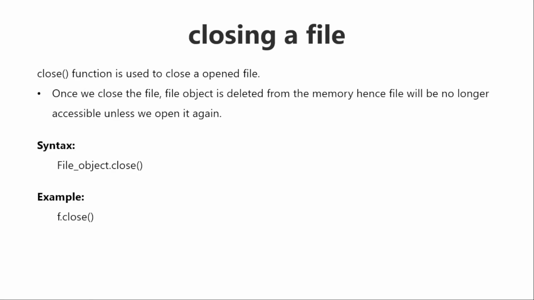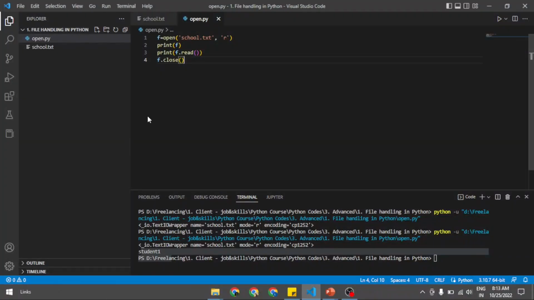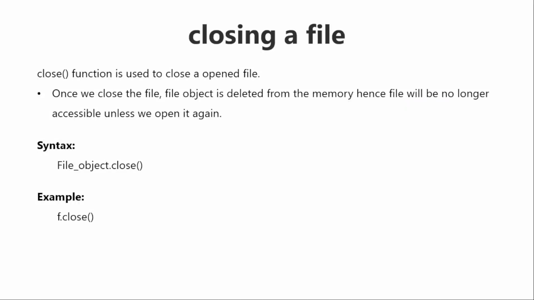Now let us move to closing a file. I think we have discussed it here itself. I will put it in the slide and show you an example in the existing code itself. The close function is used to close an opened file. Once we close it, the file object is deleted from the memory, hence the file will be no longer accessible unless we open it again.